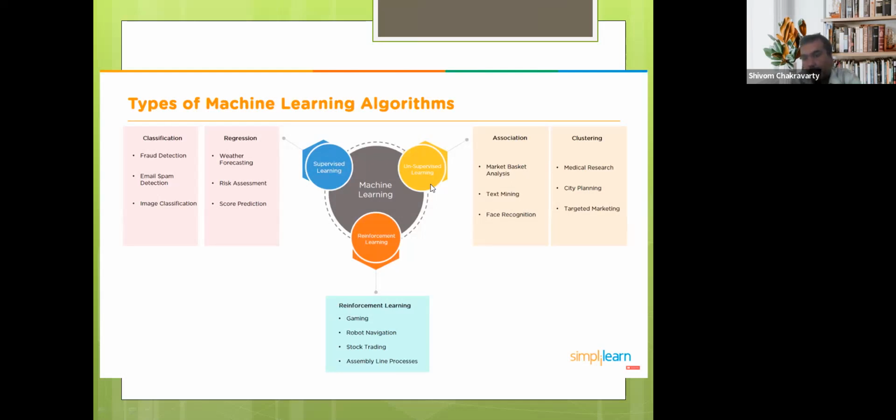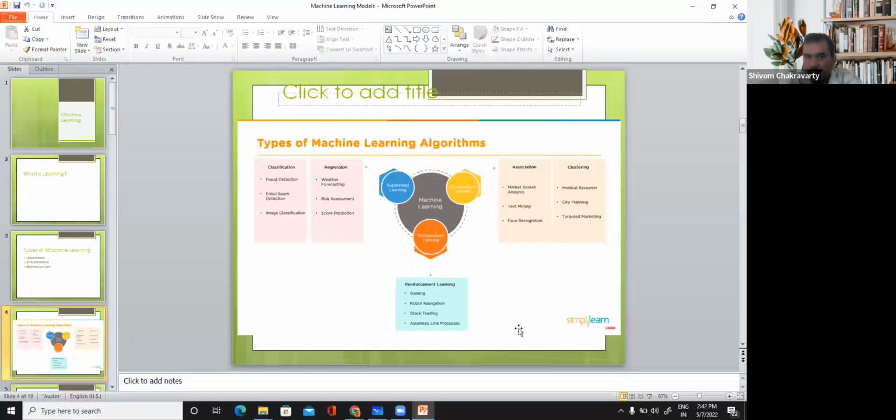In that, we are not specifying the output, how many clusters, what will be the cluster's name, etc. That is called unsupervised learning. Reinforced learning, we have not seen that much. Basically, what we have discussed falls under either supervised learning or unsupervised learning. So these are the types of machine learning.